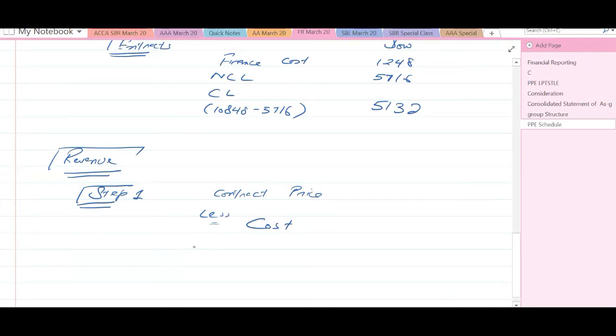So 12,000 cost to date. Further cost is 10,000 and 8,000 is the plant. So contract price was 50,000.